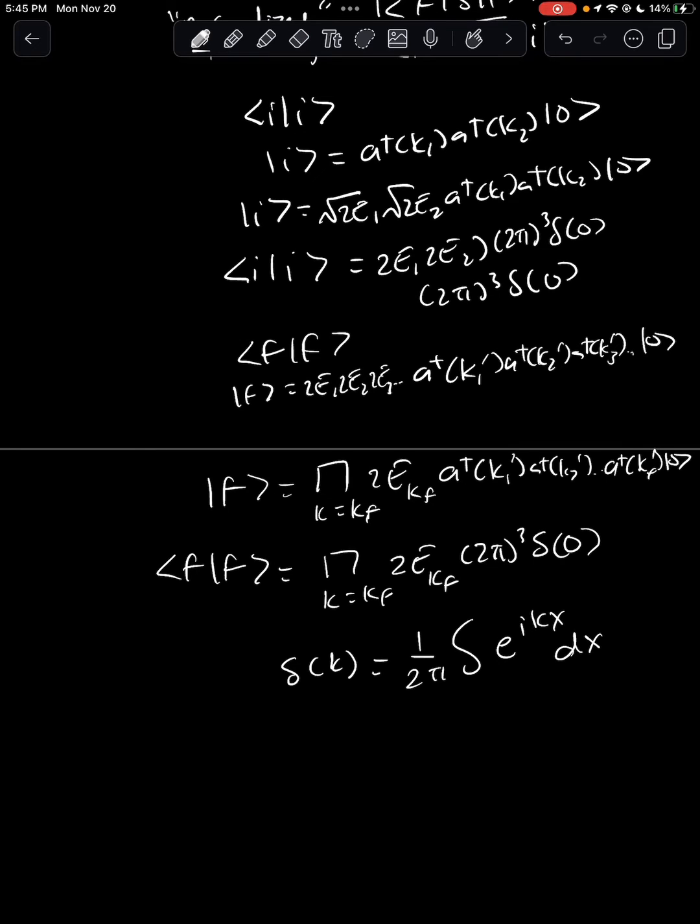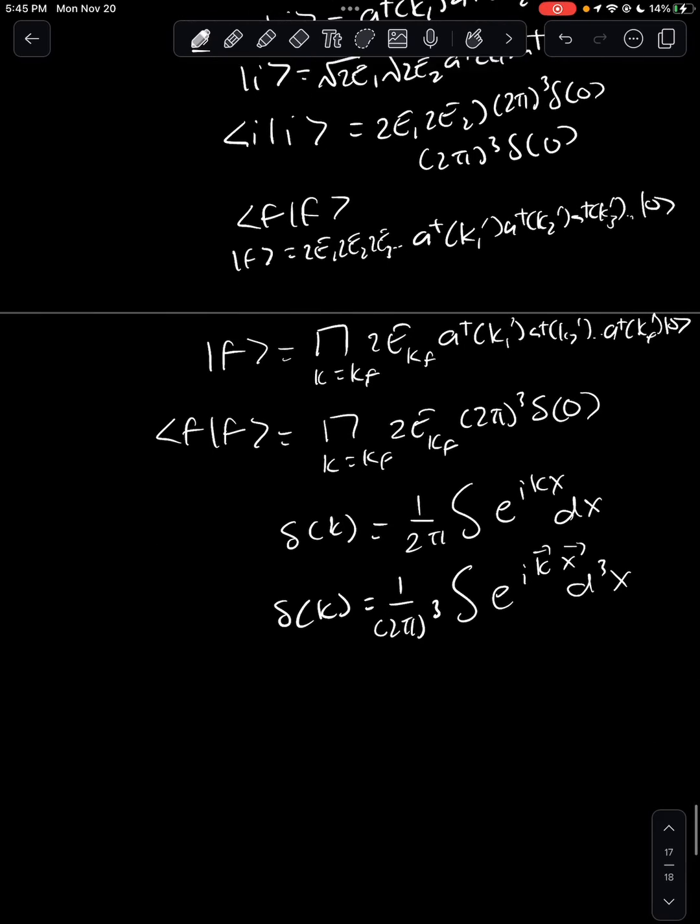And since we have three-momentum, it's the delta function for k1 times the delta function for k2 times the delta function for k3. So delta of k for three-momentum is going to be 1 over 2π cubed times the integral of e to the ikx over the volume.